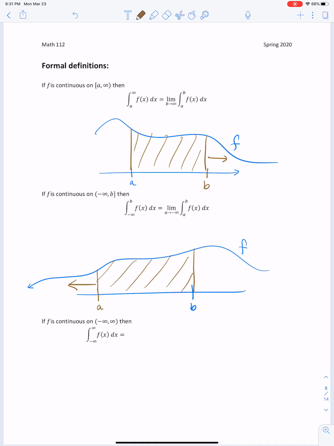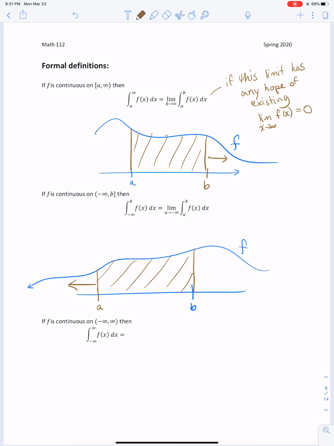Now let me make one quick remark: if this limit has any hope of existing, the limit of the function f of x as x goes to infinity has to be 0.